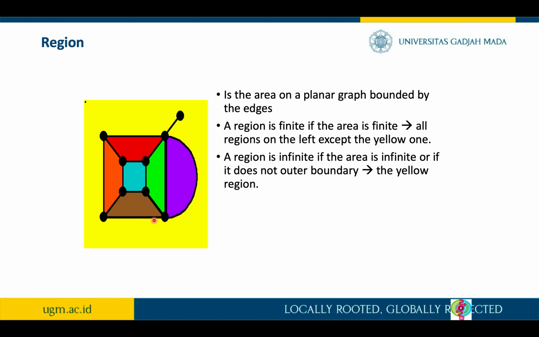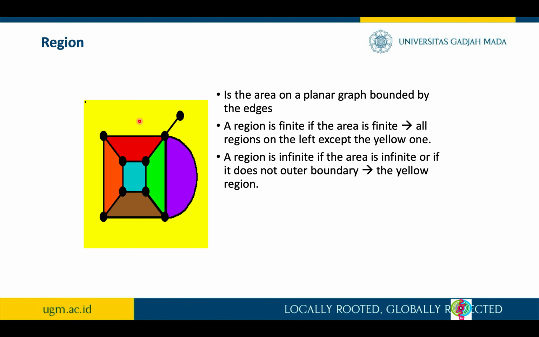A region is finite if the area is finite. So if we have edges as the bound of the region, then the region is finite. So other than the yellow one here, the regions in this planar graph are finite regions, because each region is bounded by the edges here.